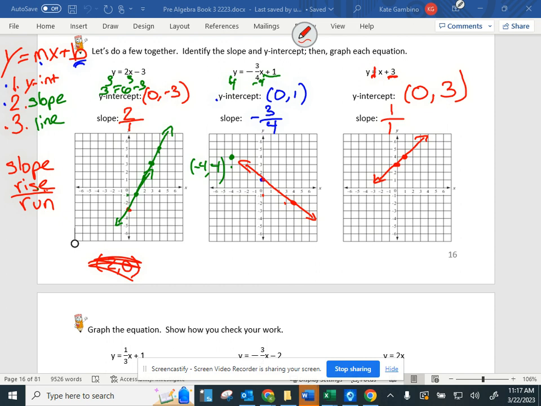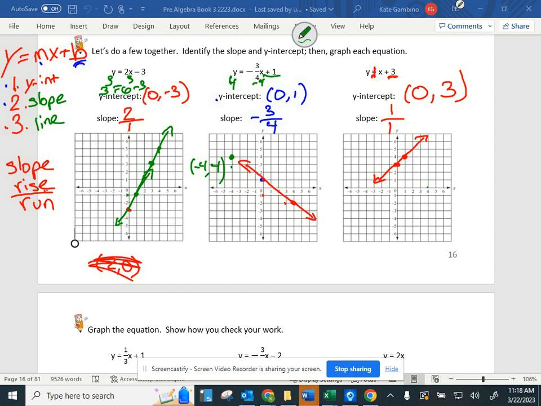Now I'm going to find an ordered pair to check. James? Oh, sorry, Aiden. It was Aiden's hand. 4, -3. If I did 4, -3, that. Okay. Wait, I'm 5. I did 5.